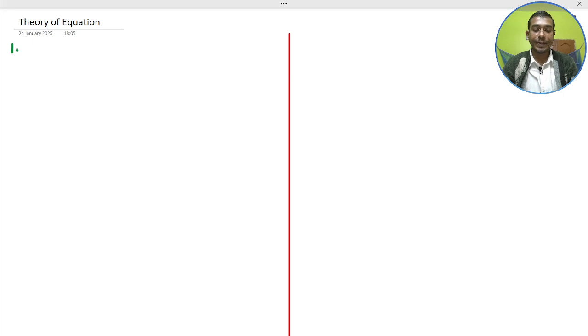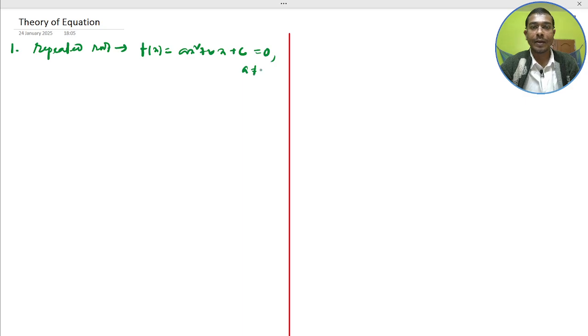Condition for a repeated root. f(x) equal to ax square plus bx plus c equal to 0, a must be not equal to 0, has alpha as a repeated root if and only if f(alpha) is equal to 0 and f dash alpha is equal to 0.